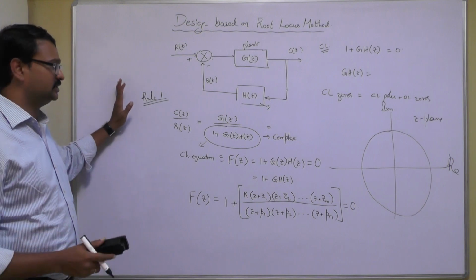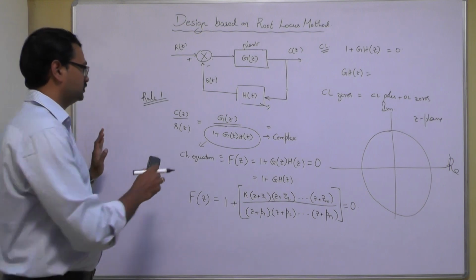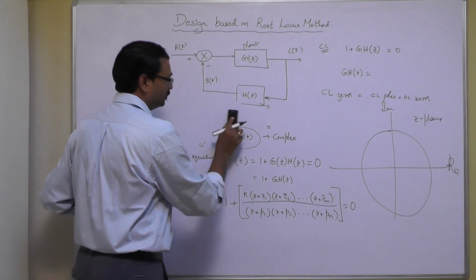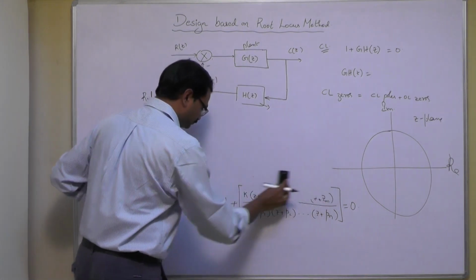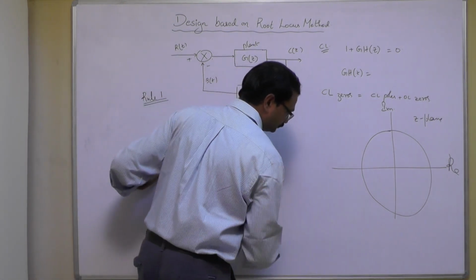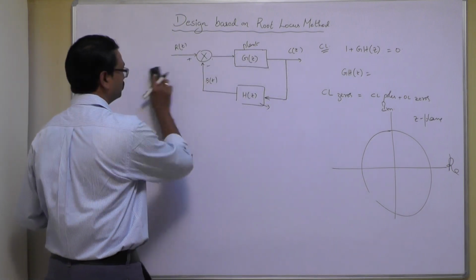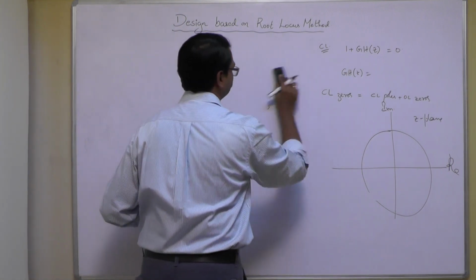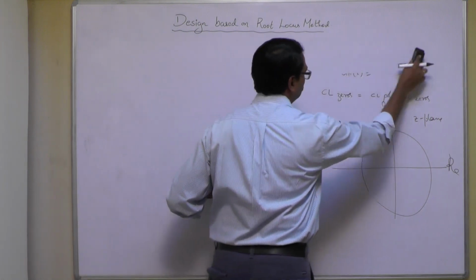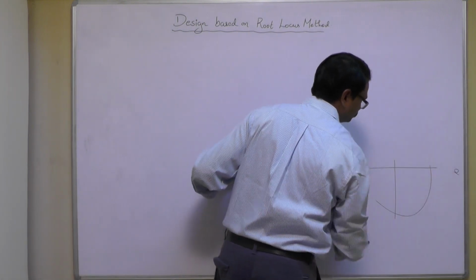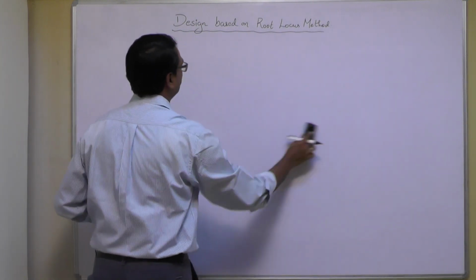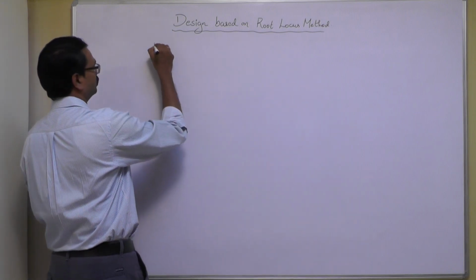Once you have finished this, the second part or second rule which we will have to obtain is rule 2 of the root locus method.